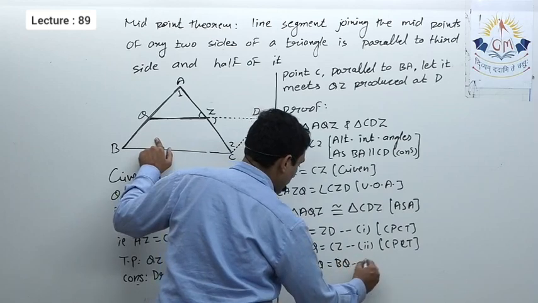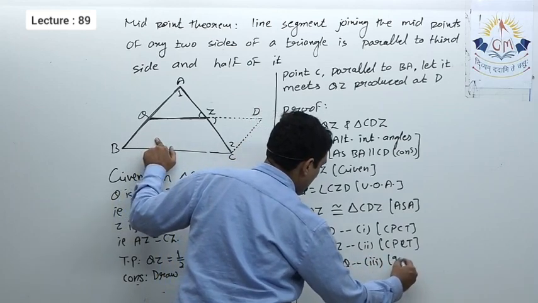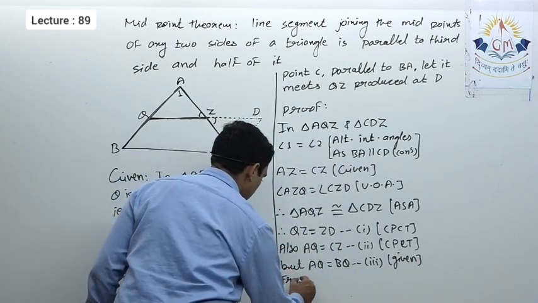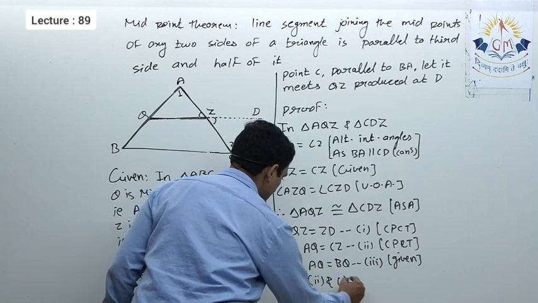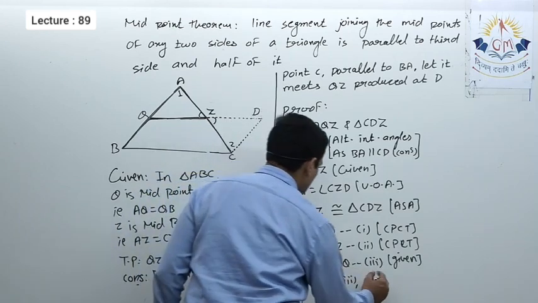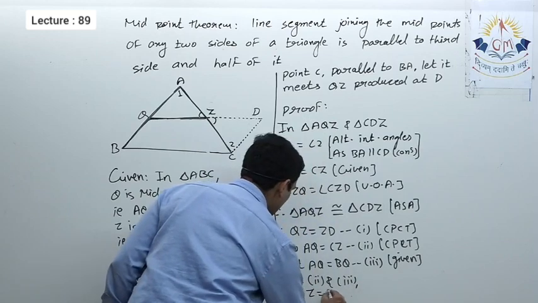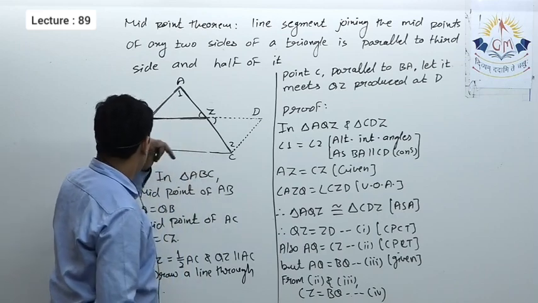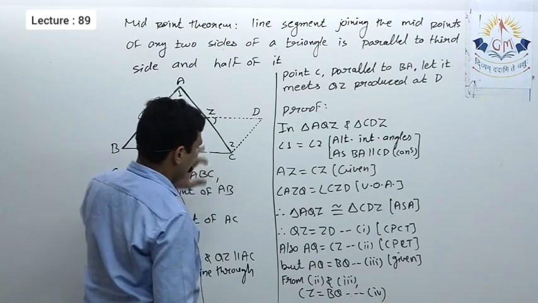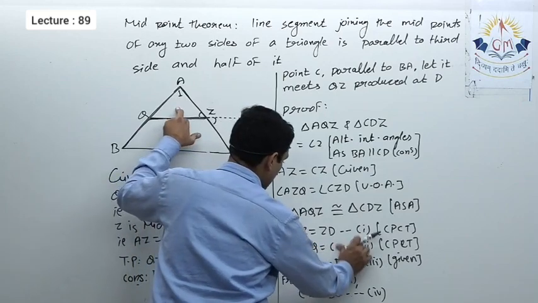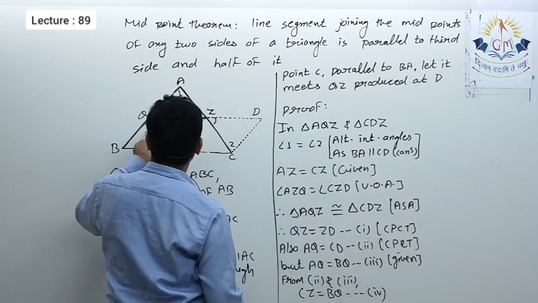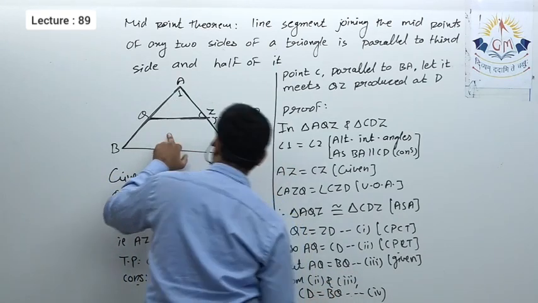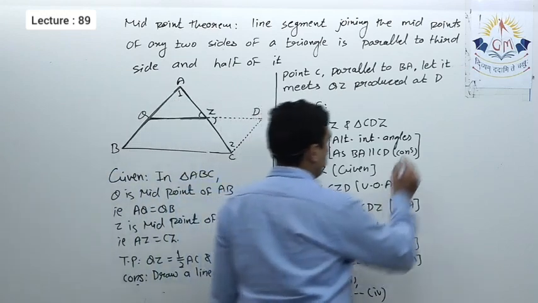But AQ is equal to BQ. Why AQ equal to BQ? That is given. So from second and third, I can write CZ equal to BQ, let it be fourth. I got CD equal to AQ, and AQ equal to BQ, so I can say CD equal to BQ.